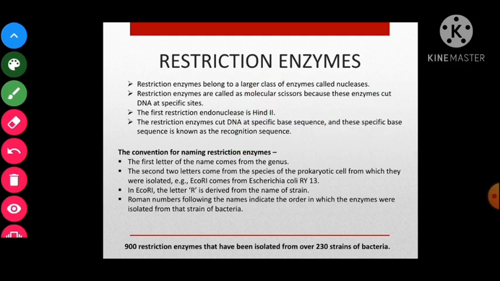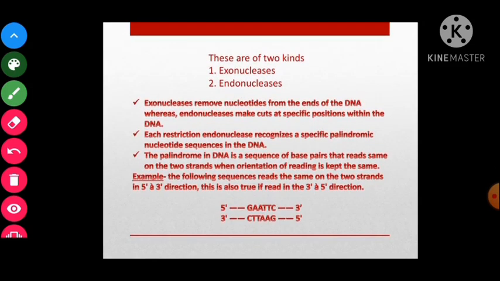Got it? So two categories of restriction enzyme we have studied, that is exonuclease and endonuclease. Exonuclease removes nucleotides from the end of DNA, whereas endonuclease makes a specific cut, and restriction endonuclease recognizes specific palindromic sequences, right?